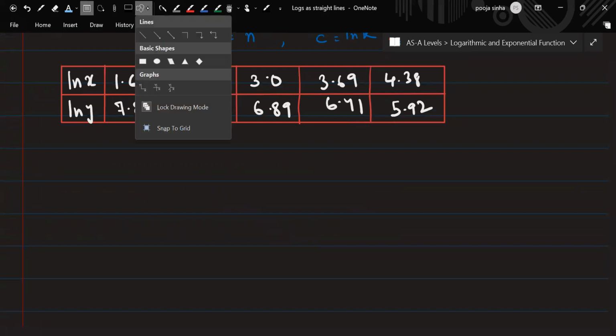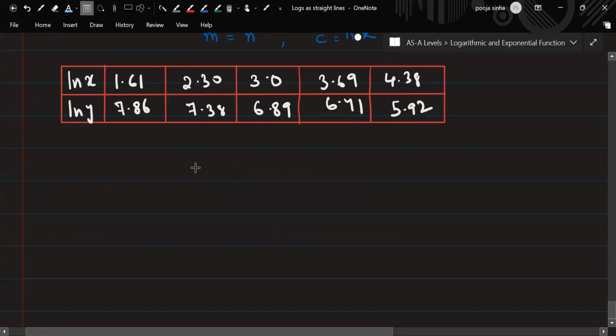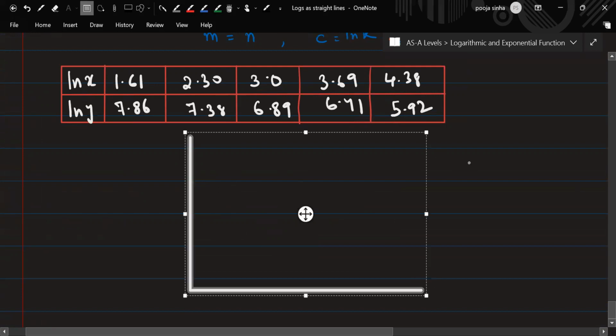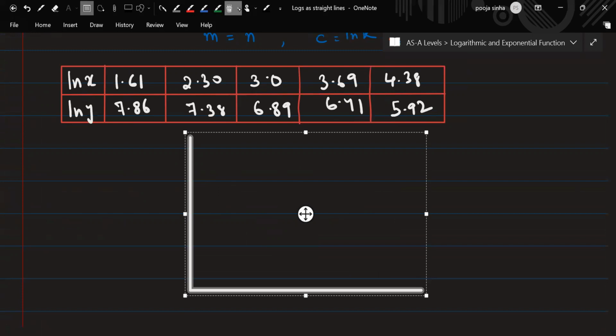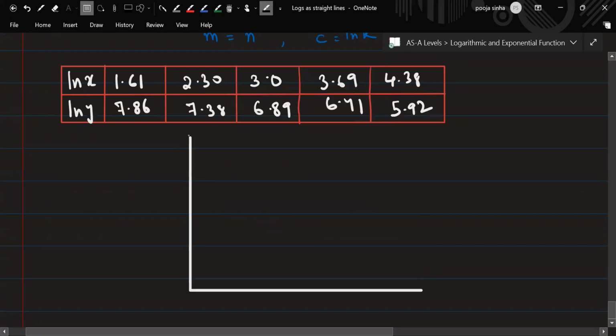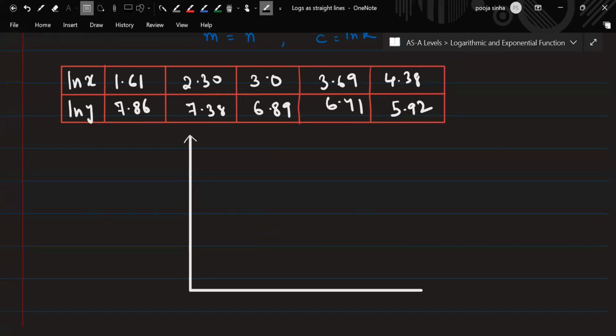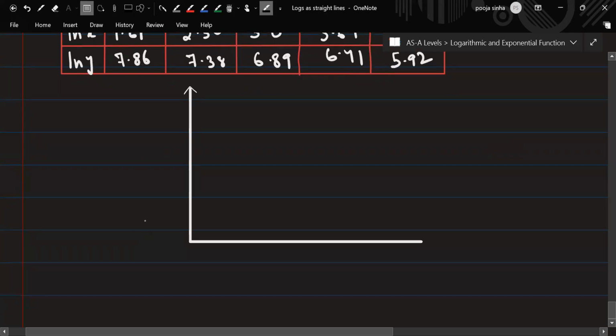Okay, so how do we plot? Now we are going to plot all of these values. Let's say on X, these are the kind of values that we have: 1, 2, 3, 4, 5.